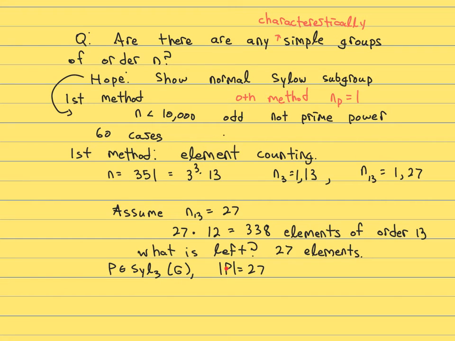So these elements must be among these remaining 27, and in fact they must be all of them. So this tells us that the remaining elements form the Sylow 3-subgroup.